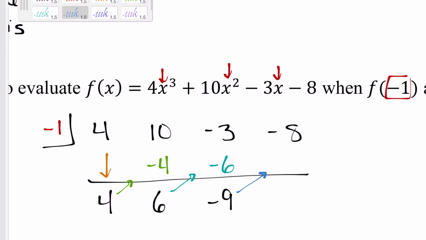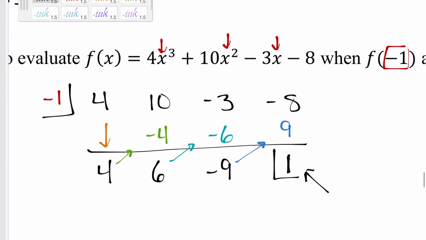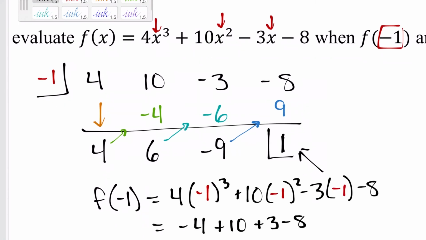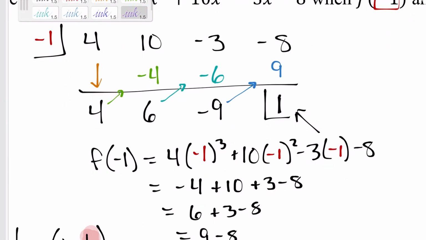And then -9 times -1 would give me +9. And then -8 plus 9 is going to give me +1. So this +1 here, if I were to have plugged in -1, it's the exact same one that I would have gotten here.